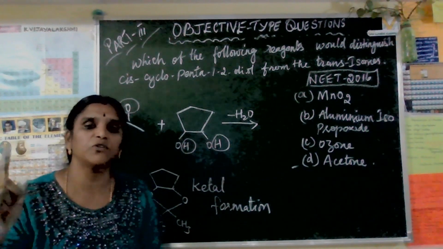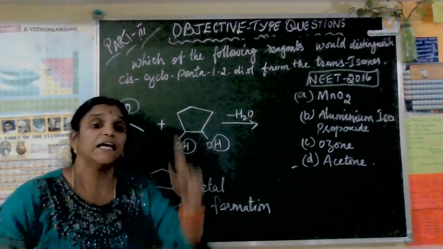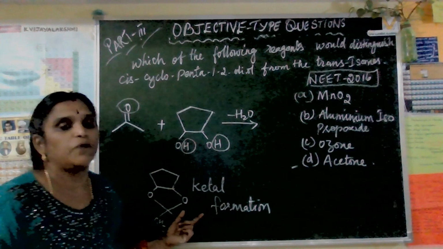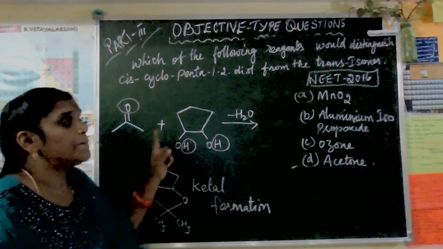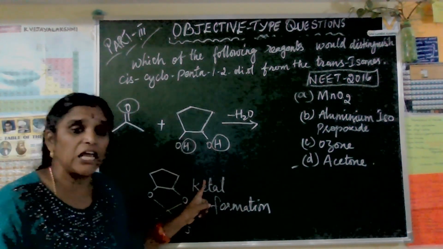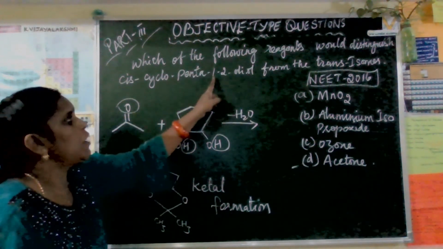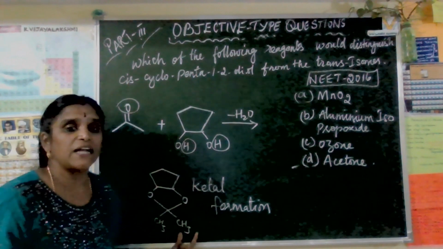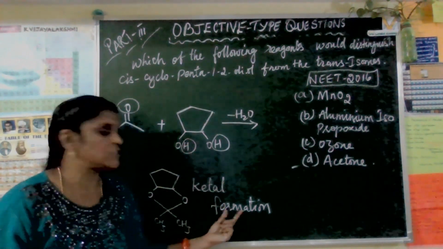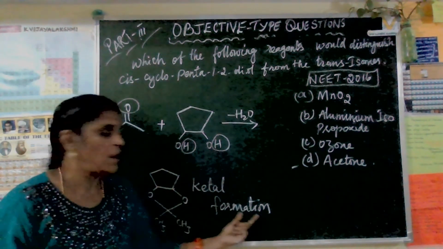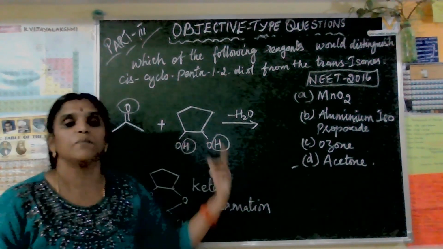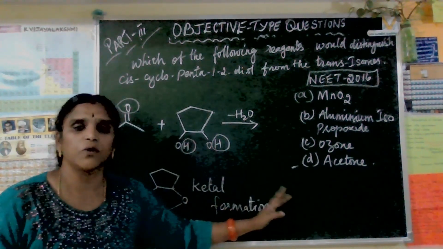Hybridization we have gone through, each one has a different angle. So the bicyclic compound, also known as the ketal, forms with acetone and the cis diol, whereas the trans isomer you cannot get. That is the way you can differentiate.